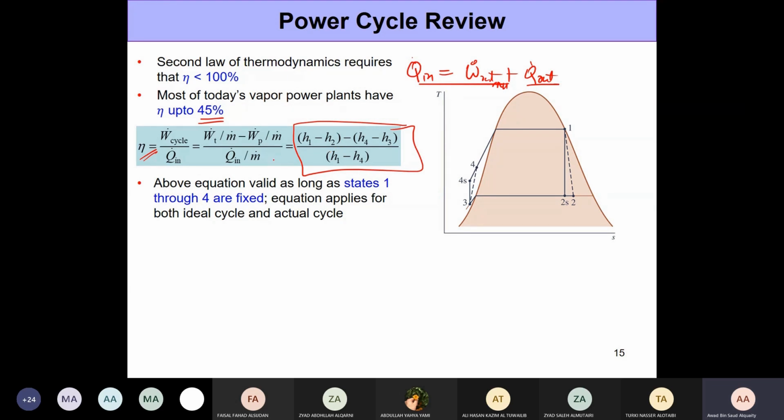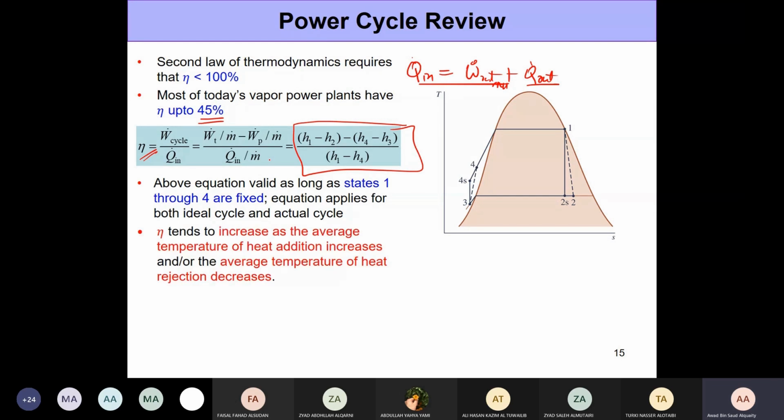Now the key part is how do you increase the efficiency? The efficiency of a given power cycle can be increased in a couple of ways, and you can rely on the formula for Carnot efficiency to give you hints about how to do that. As we discussed, there are two main ways.